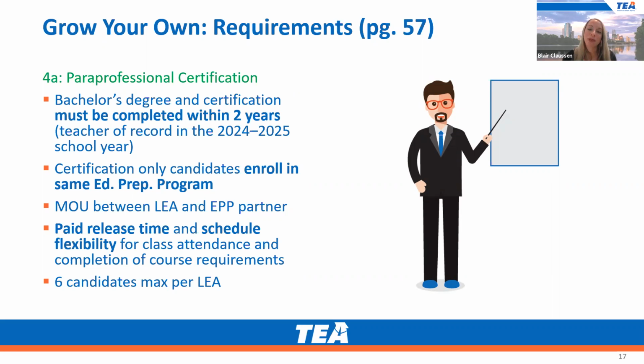We found that this helps to foster that cohort model and actually increases completion rates for those paraprofessionals. The LEA should also offer paid release time and schedule flexibility in case the paras need to attend classes or any other course-related requirements. And I do want to again just mention that this is a maximum of 6 candidates per LEA.